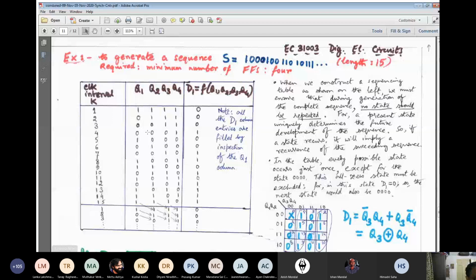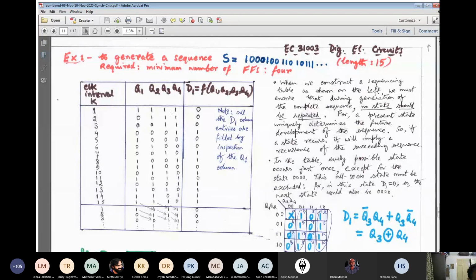Then the same sequence will generate here after a delay of 1. So you just diagonally put this value. Once you fill up the Q1 column, next you fill up the Q2 column, but you start from 1 row down. Okay. And similarly Q3 you write 1 column down, so from here, third, fourth, and finally Q4 from the 4th row onwards.